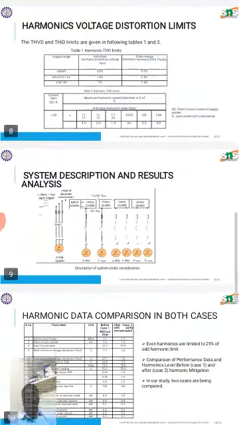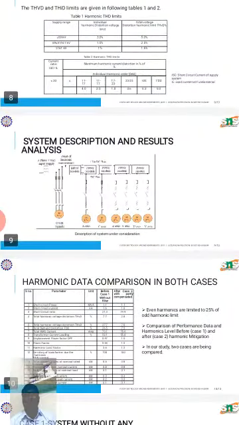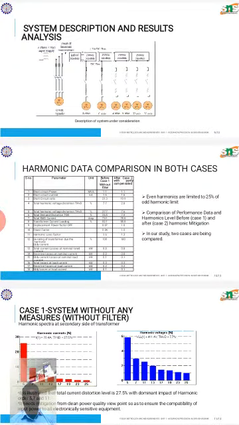In the following diagram, the harmonic data comparison of the cases shows that the potential for overheating can be addressed by oversizing neutral conductors or reducing nonlinear current with filters. Totally, there are two cases.